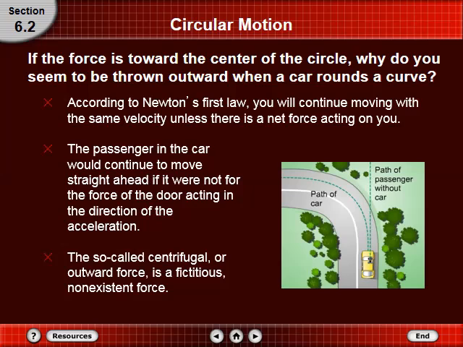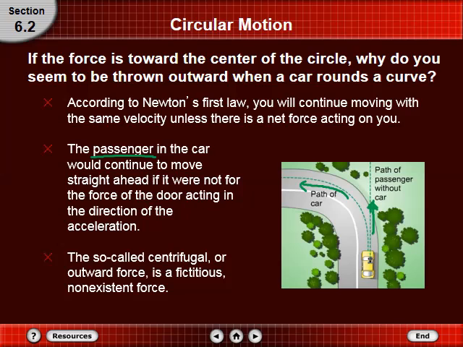So, as we said before, Newton's first law, you will continue moving with the same velocity unless there is a net force acting on you. So the passenger, and it's important that it is the passenger in the car, when they're going around the corner, they would continue moving straight on.